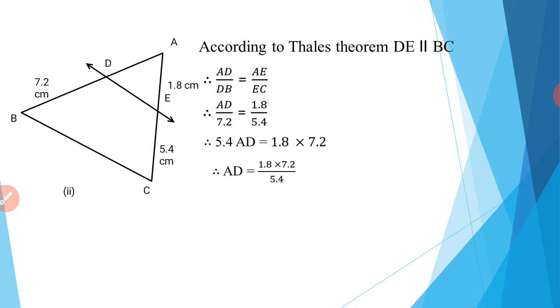Therefore, AD equals 1.8 multiplied by 7.2 upon 5.4. Therefore, AD equals 0.6 multiply 3 multiply 1.8 multiply 4 upon 1.8 multiply 3. I have cancelled 1.8 and 3. Therefore, AD equals 2.4 centimeter.